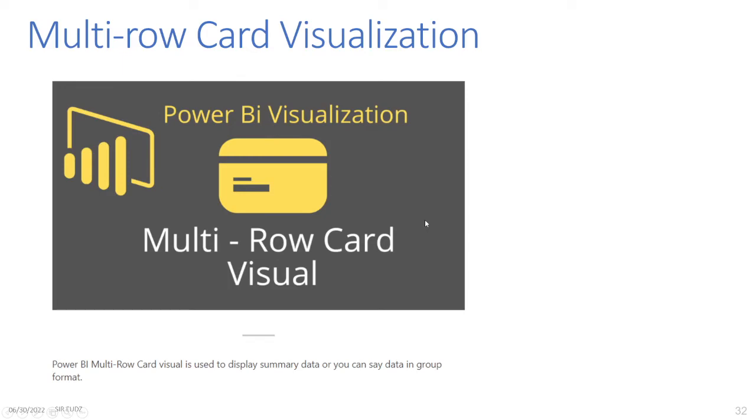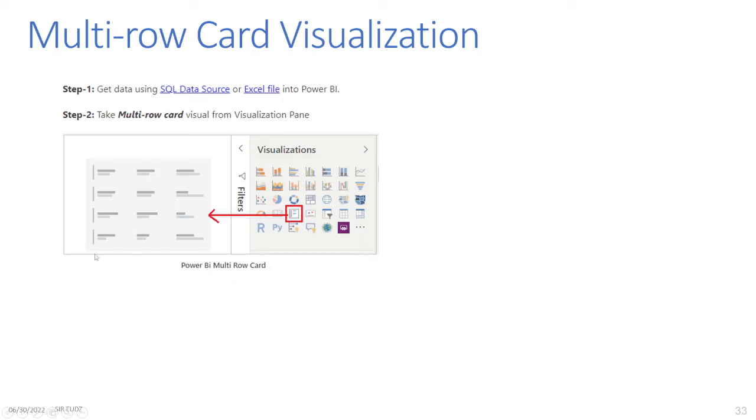Multi-row card visualization. The Power BI multi-row card visual is used to display summary data, or you can say data in group format. Again, get the data source using a SQL data source or Excel file into Power BI. Then take the multi-row card visual from the visualization pane.